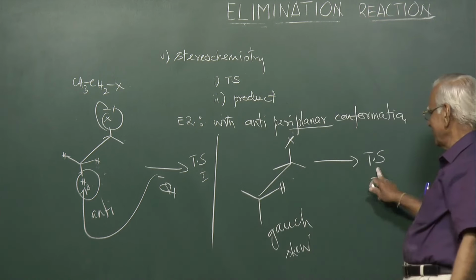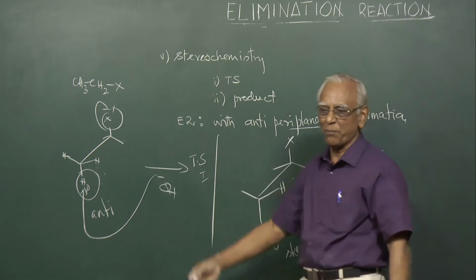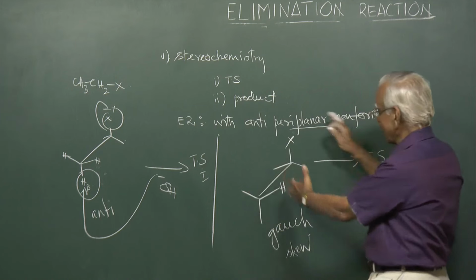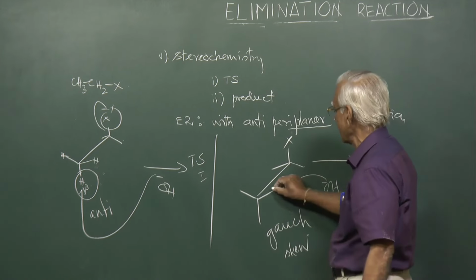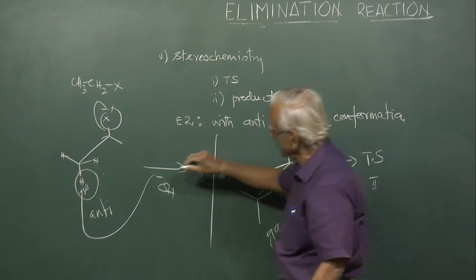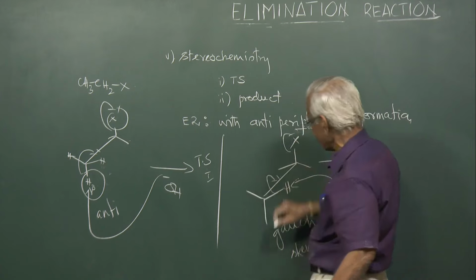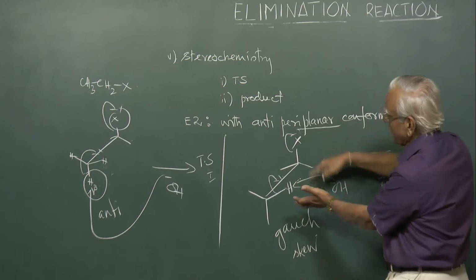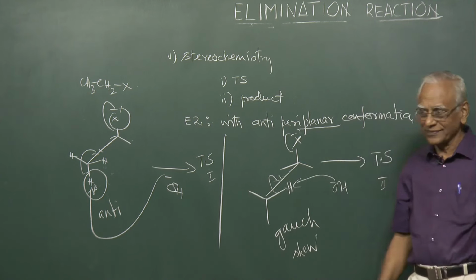But which transition state is going to be most stable? Because there is a perfect planarity. The OH minus ion now comes here and attacks this hydrogen atom, this goes over there, and finally X minus is removed. Because of the close proximity, it is not allowed to come closer.